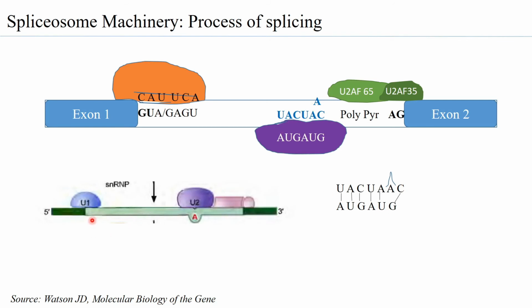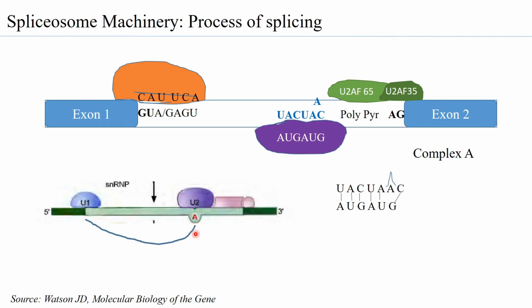So this is effectively what is observed. You have the U1 bound at the 5' splice site, the U2 having come bound to the polypyrimidine, U2AF, and this U2 binds in such a way that the A is accentuated, and this A is the nucleophile that will carry out the first transesterification reaction. This that is formed is what is called the complex A.